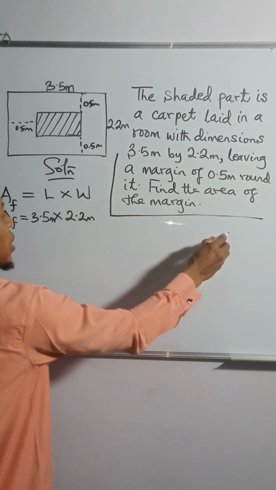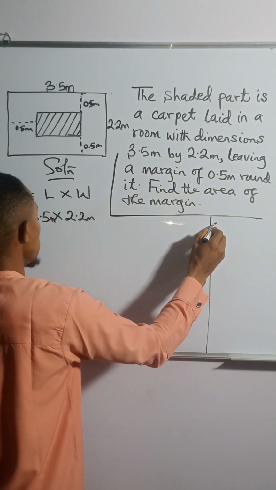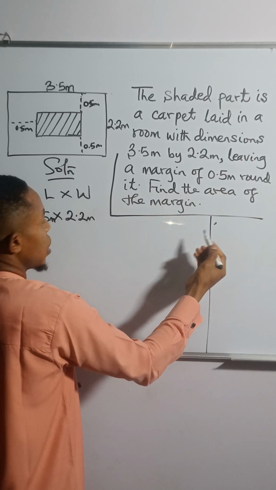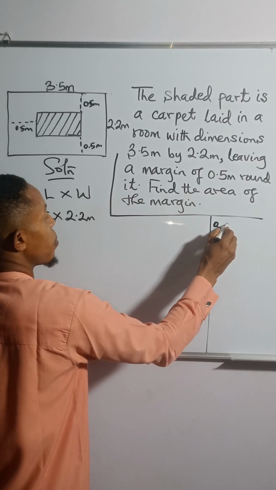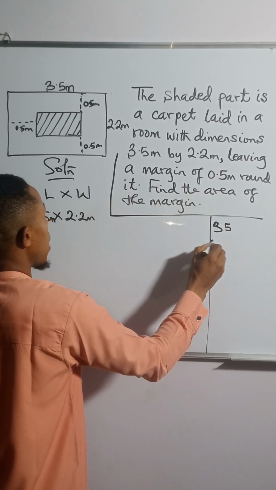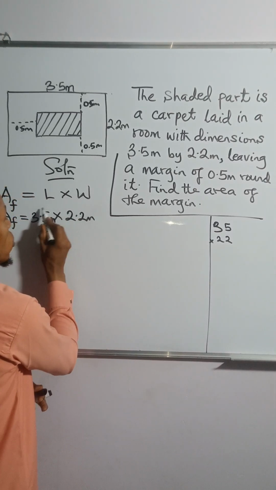Okay, let's multiply it. If we multiply 3.5 times 2.2, let's take out the decimal points. I took out the decimal points, I have 35 multiply 22. I took the decimal places in 2 places.